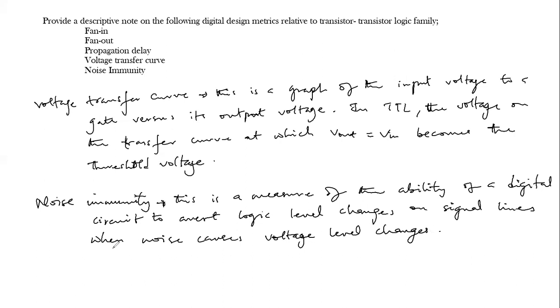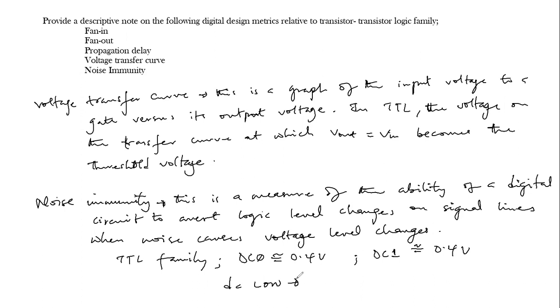So for the TTL family, we have that DC0 is equivalent to 0.4 volts, and DC1 is also equivalent to 0.4 volts, where DC low is the same as DC0, while DC high is the same as DC1.